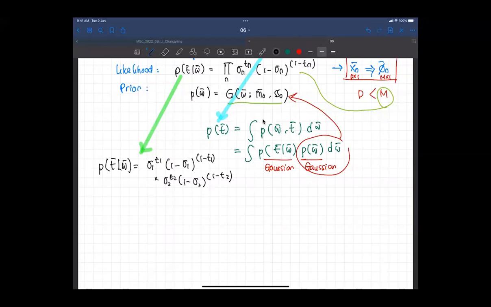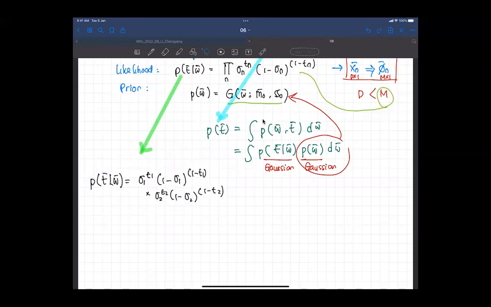Assume that we have 2 points, positive and negative. So I assume T1 is positive, or 1, and T2 is negative, or 0.